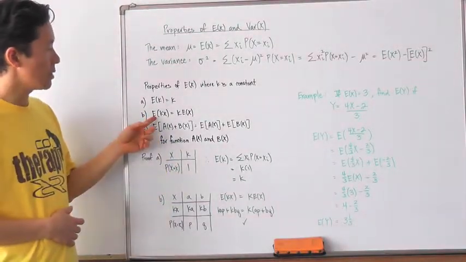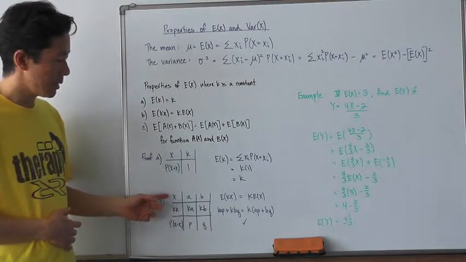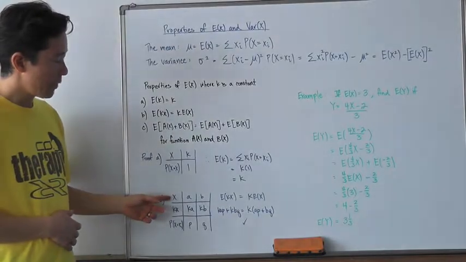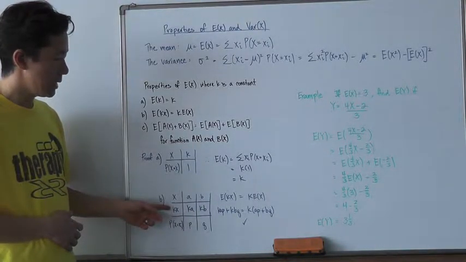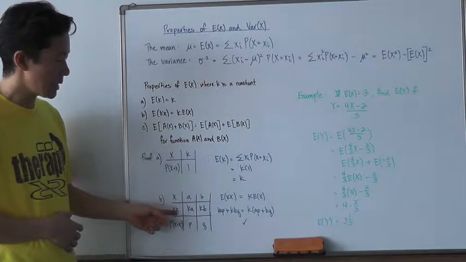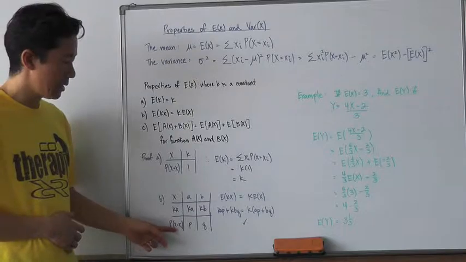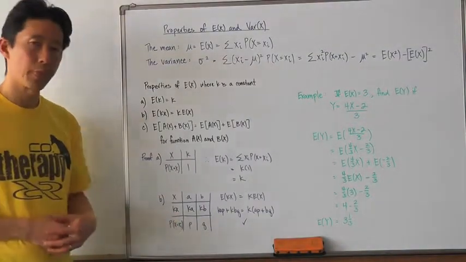Now, let's take a look at this one here in B. This is what B looks like. Take a look at the probability distribution table here. We have x, and let's just say that we have a and b. If I take the scalar multiple of k and multiply it to x, I get ka and kb. Let's say that the associated probabilities for getting a and b are p and q.